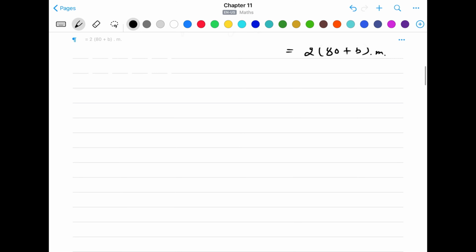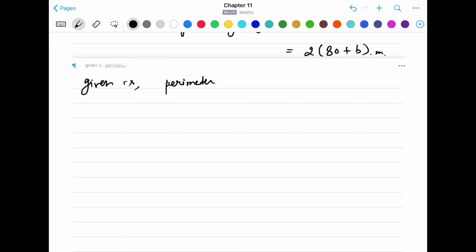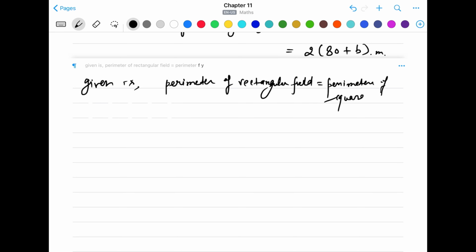So write, given is the perimeter of rectangular field is equal to the perimeter of square field.